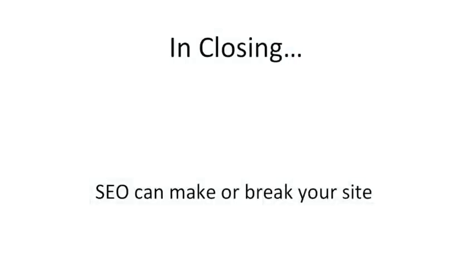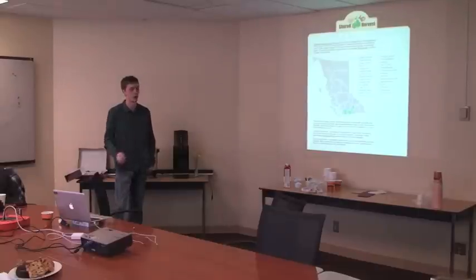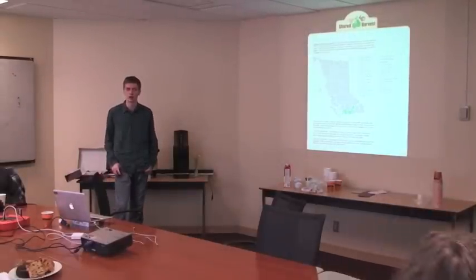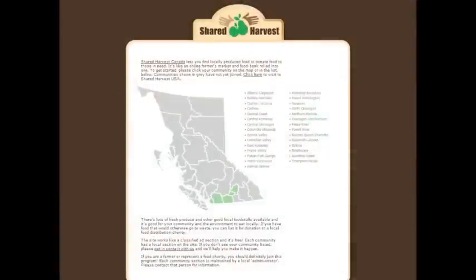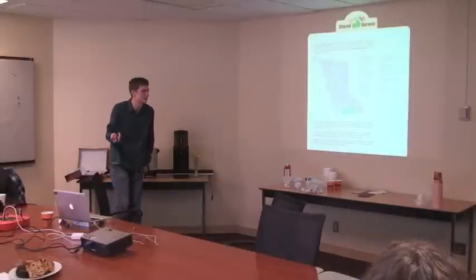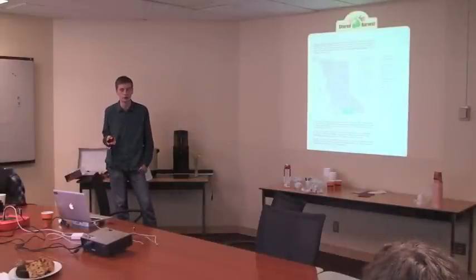And I want to close by saying it can make or break your site with 2 examples. This is Shared Harvest. I really like what this site has done. Does anybody know about Shared Harvest? No, you probably don't, because they don't do any search engine optimization. It's like Craigslist for local food people. It's a really cool site.